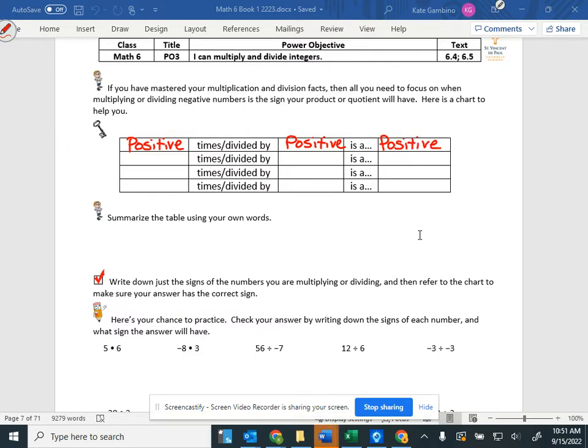If we have a positive integer and we multiply or divide by a negative integer, anybody know what our answer will be? Will it be positive or negative, Melina? Negative. It will be a negative.